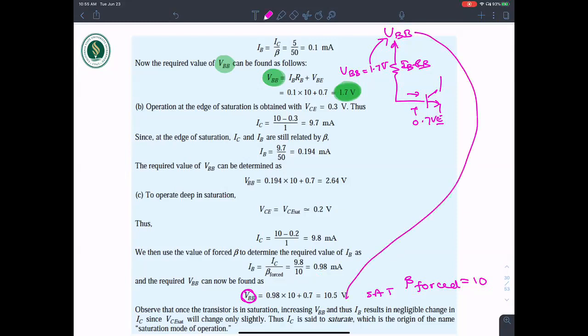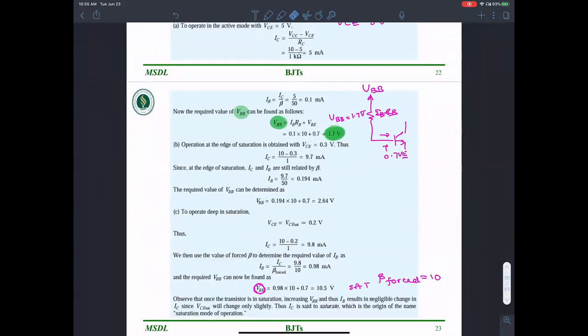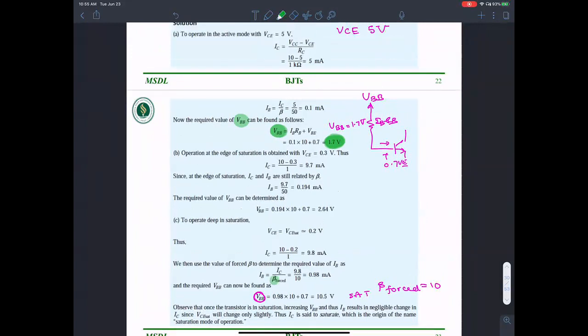You have to apply a much bigger voltage. So that's the idea: in the different regions of operation, saturation and linear, the main knob is beta. Beta is the main knob.